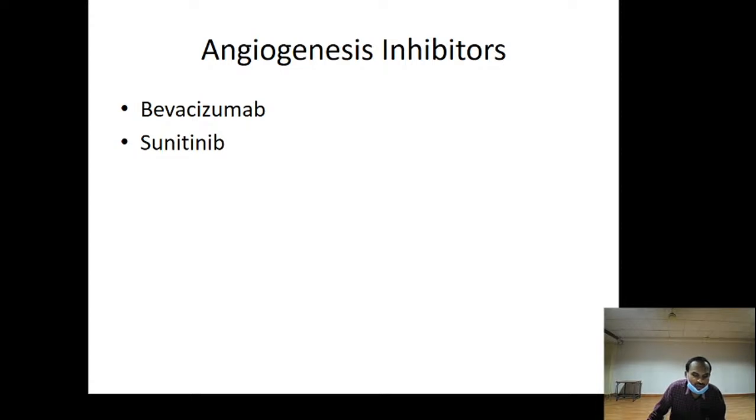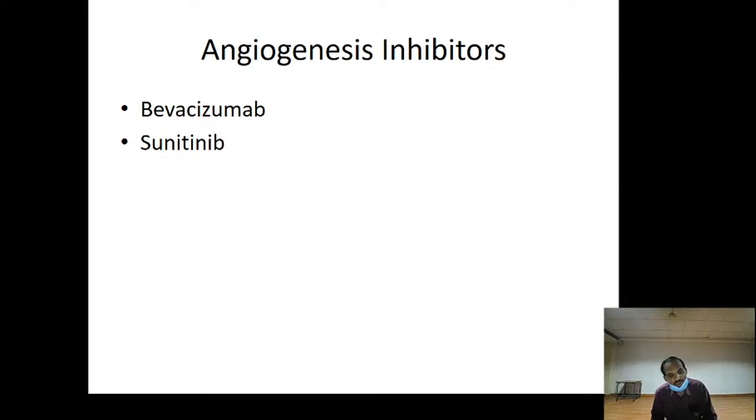So the malignant cells are intelligent. They start production of vascular endothelial growth factor, and they also promote the synthesis of VEGF from the vascular endothelium. So what do we do? We give bevacizumab. And what does bevacizumab do? Bevacizumab binds to the vascular endothelial growth factor and doesn't allow it to bind onto the blood vessels or the precursors of blood vessels to trigger new blood vessel formation.